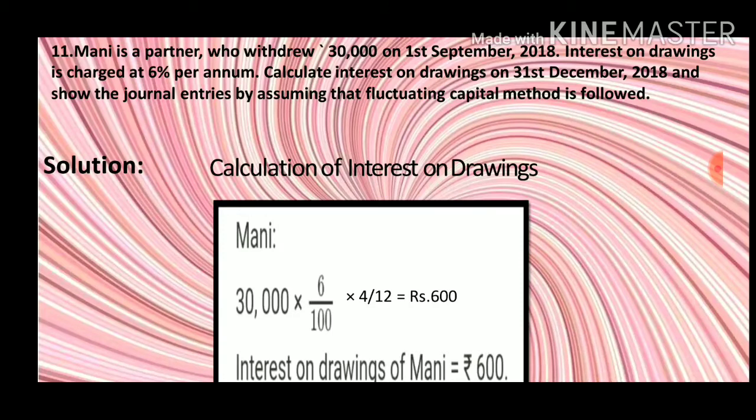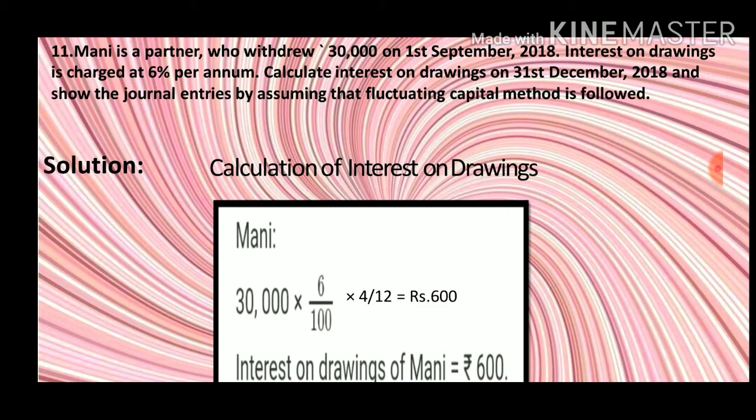The drawings are 30,000. Money withdrew the amount 30,000. Interest on drawings 6% per annum. And then the period of interest, 1st September to 31st December 2018. So calculate September to December, in between 4 months. So interest on drawings for 4 months.